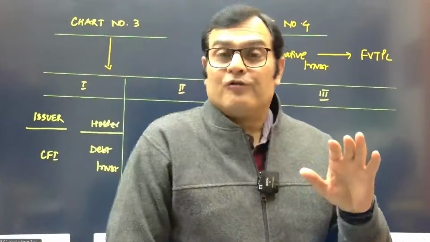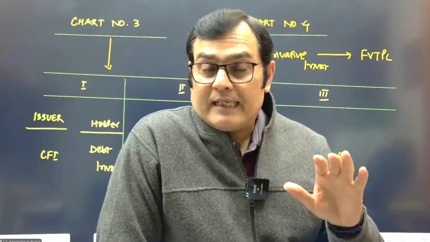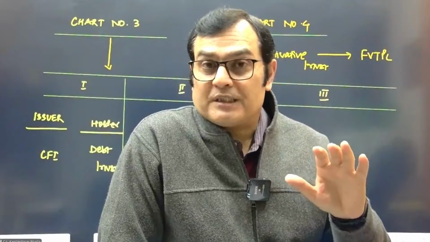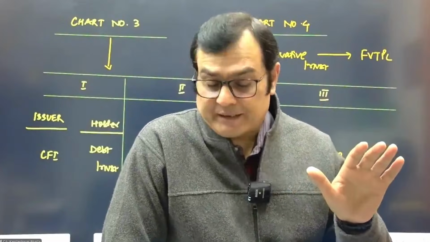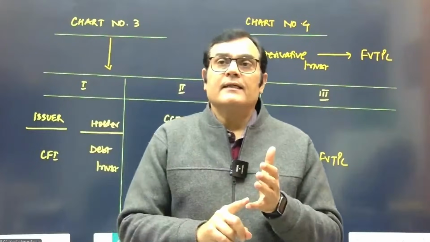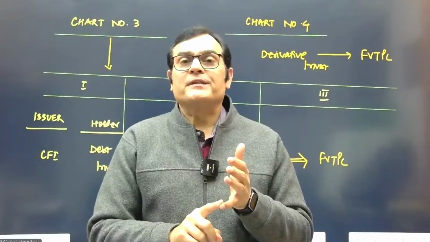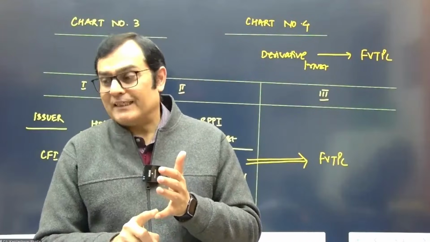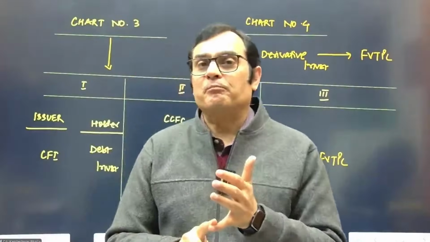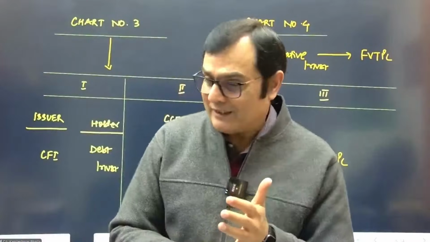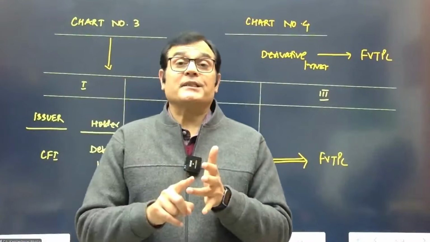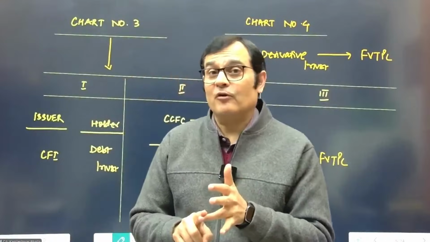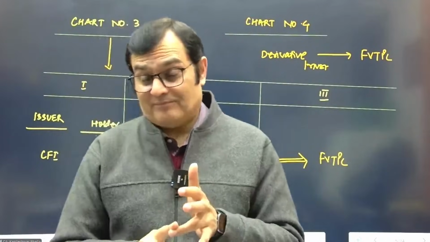I have some quick questions now to put across to you. I'm going to make a total of 4 statements, and you need to vouch for me whether the 4 statements are correct. Then we can come to the practicals. Can I say equity investments by default is FVTPL? Correct. Can I say derivative investments by default is FVTPL?